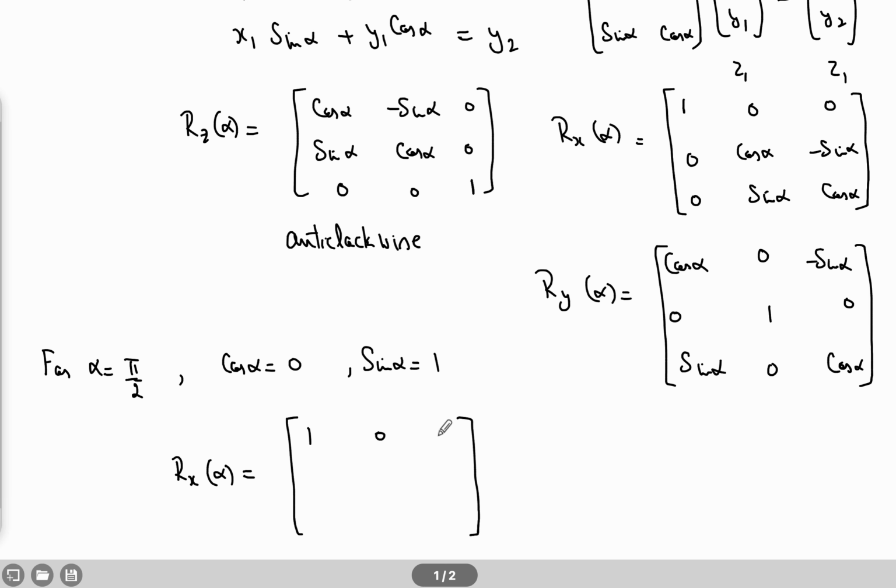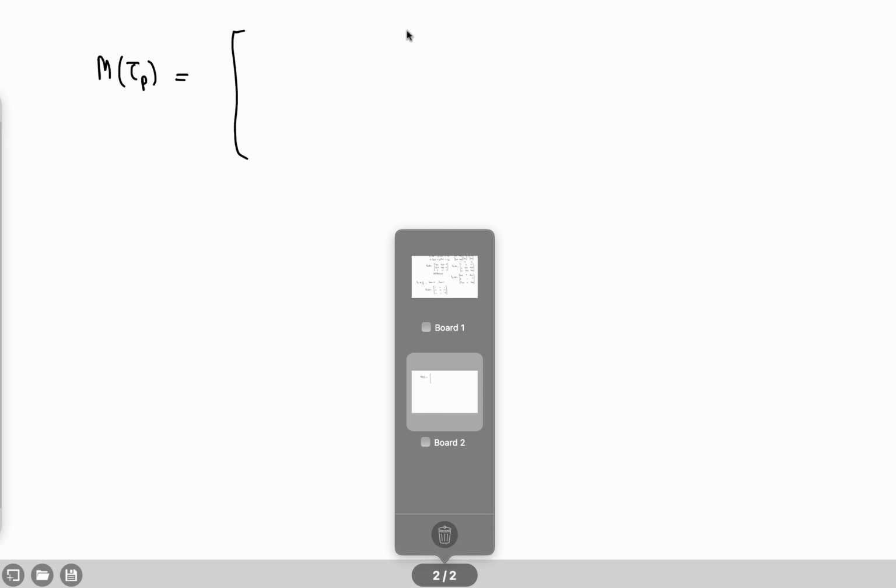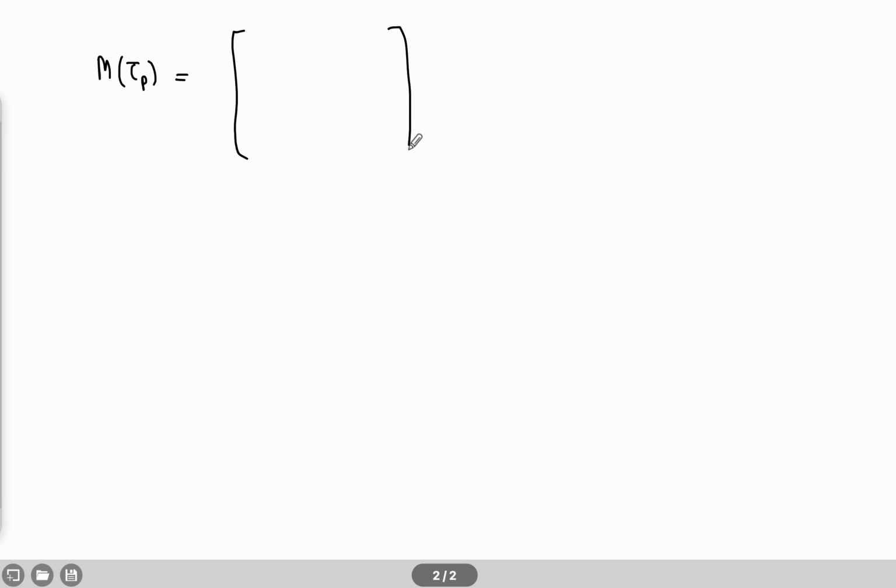So you have 1, 0, 0, 0, 0, cos alpha is 0, and sin alpha is minus 1, 1, and 0, right? Okay, so you have these three as values. Okay, now let's try to calculate the effect of rotation on the initial magnetization to final magnetization. Okay, so you have 1, 0, 0, 0, 0, minus 1, 0, 1, 0.